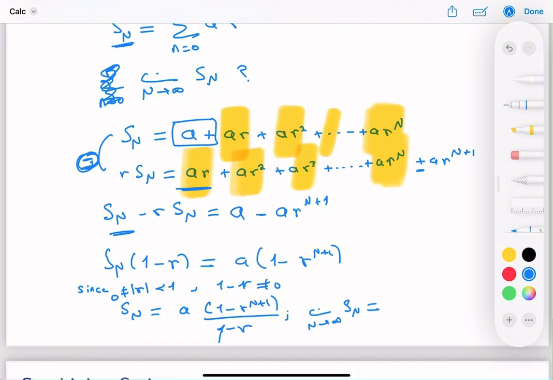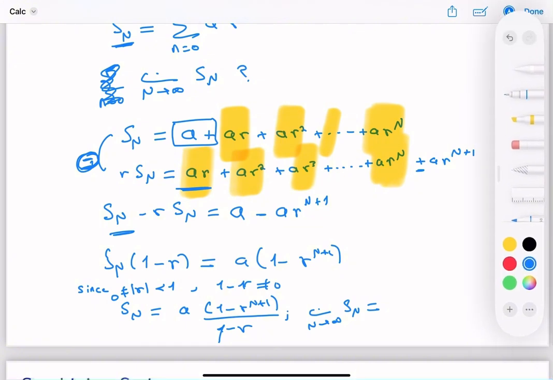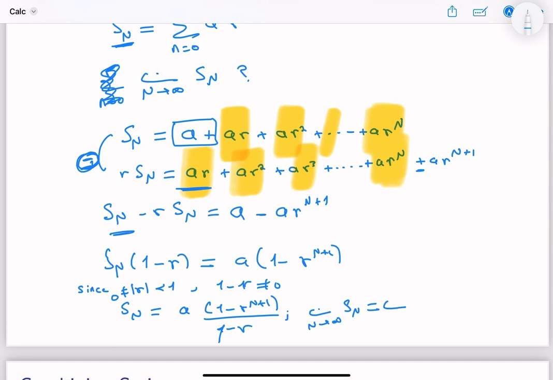So if we take the limit here, what are we going to get? It's the limit as n tends to infinity of a times 1 minus r to the n plus 1. And I guess now you are comfortable doing limits. Well, the only place where n shows up is here, right? And if we just, quote unquote, start by replacing n equals infinity, what do we get?